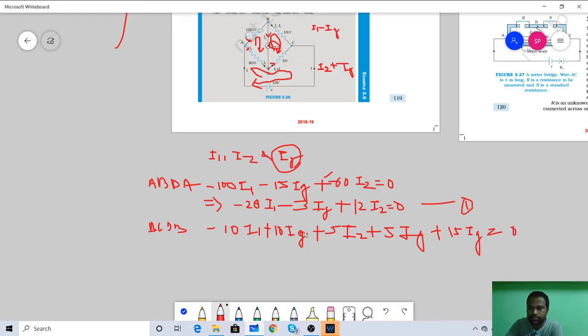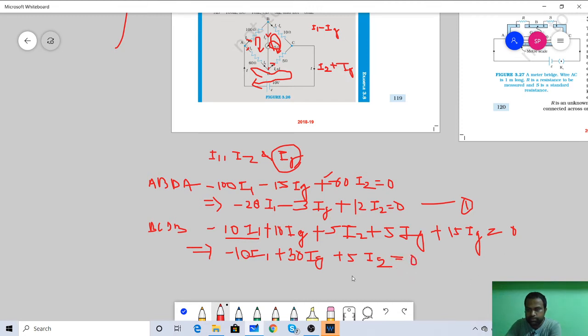is equal to 0. If I write it in a reduced or simpler form, only one I1 is there, so I'll write minus 10 I1, and for Iz: 10 plus 15 plus 5 is 30 Iz, then 5 I2 plus 5 I2, so 10 I2, is equal to 0.